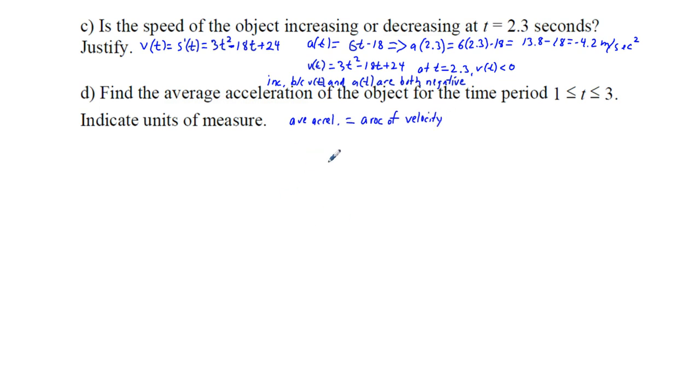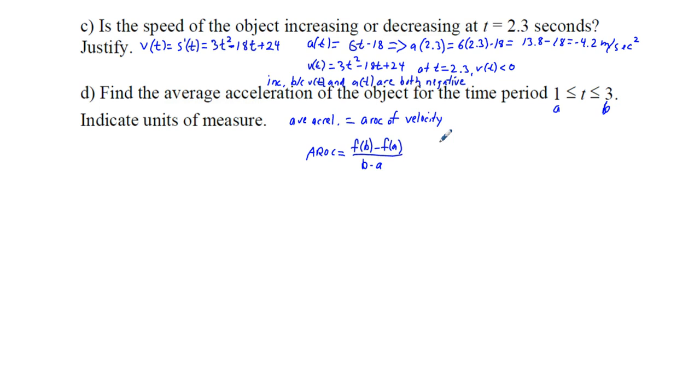And so what we're going to do is consider these a and b like we've done in the past. We had average rate of change equals f of b minus f of a over b minus a. So we're going to find the average rate of change of velocity.